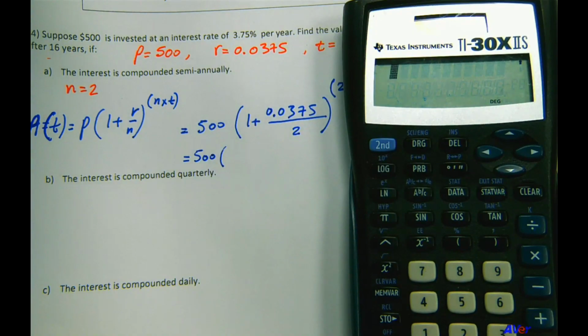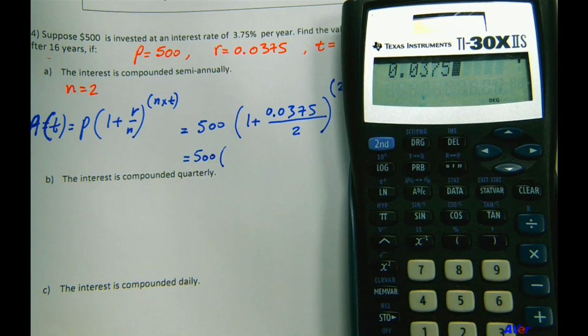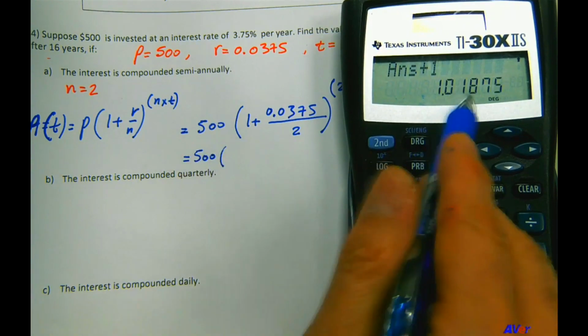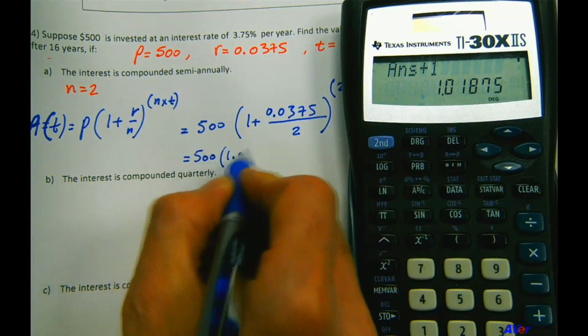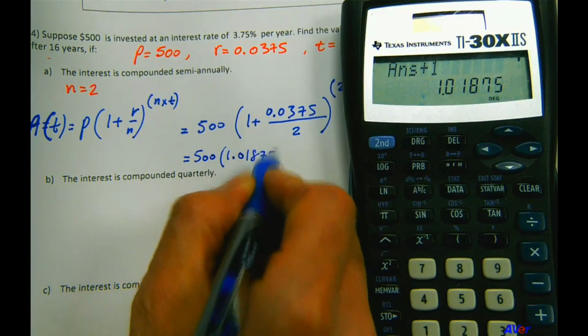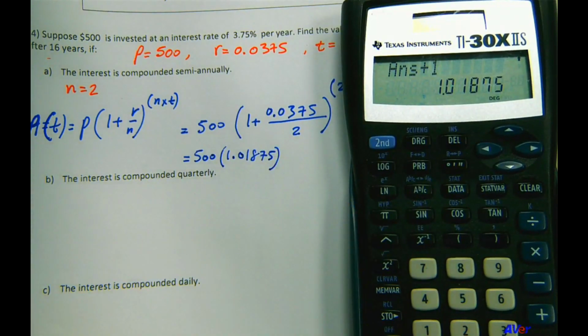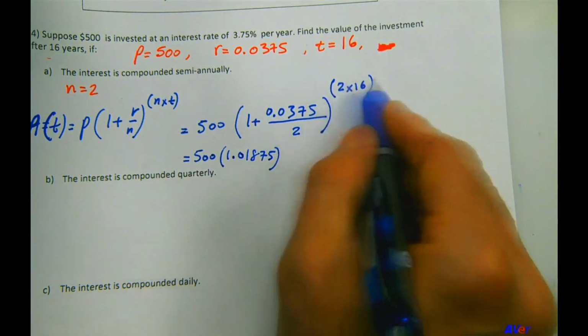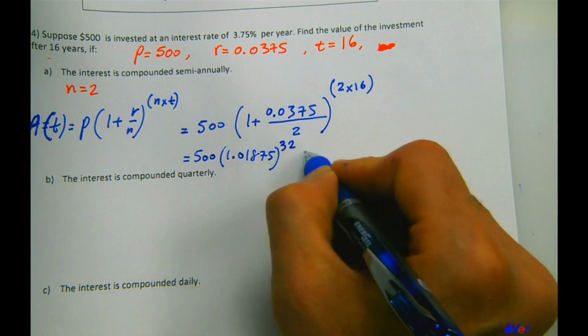So we get 0.0375 divided by 2, plus 1. What do we get? We get 1.1875. Okay? All right, so all of that is raised to that power. 2 times 16 is 32.